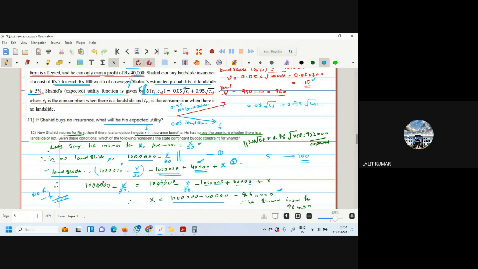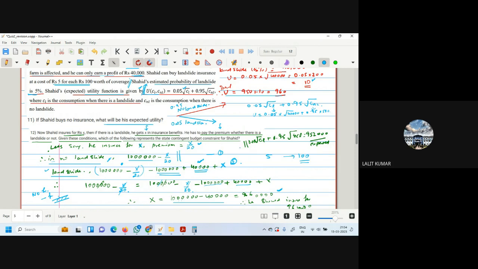This is landslide, this is no landslide. In case he does not purchase any insurance, what utility will he get? 0.05 into root 40,000, and 0.95 into root 2,50,000, which is 500. So this is the utility when he has not taken any insurance.